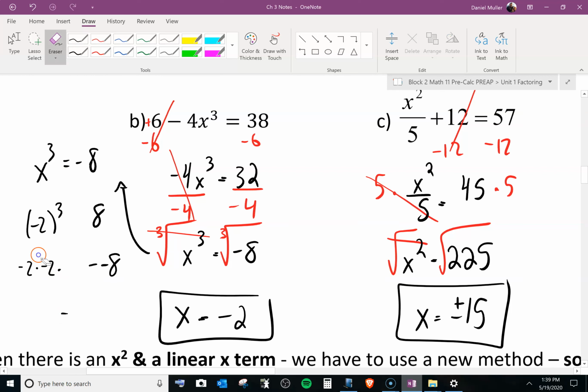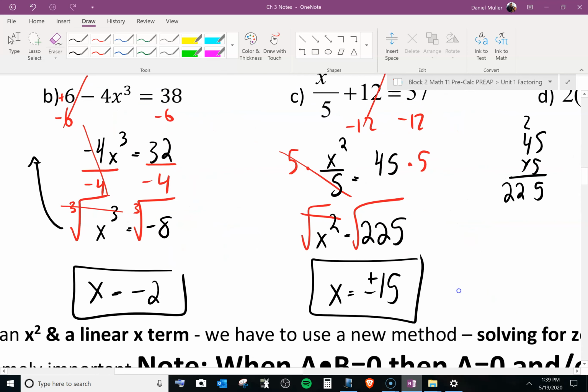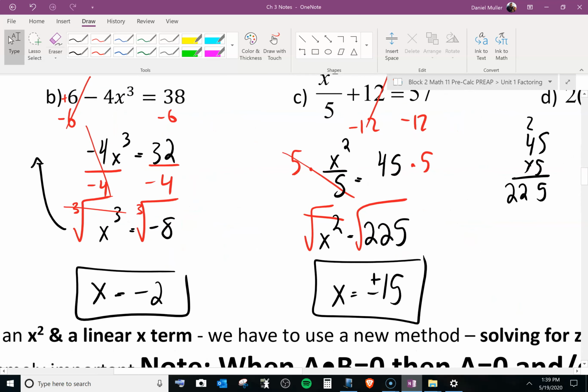So cube roots will not have a plus or minus, only square roots. And you can't have a negative inside a square root, but you can for a cube root. So cube roots can have a negative on the inside. Square roots cannot.